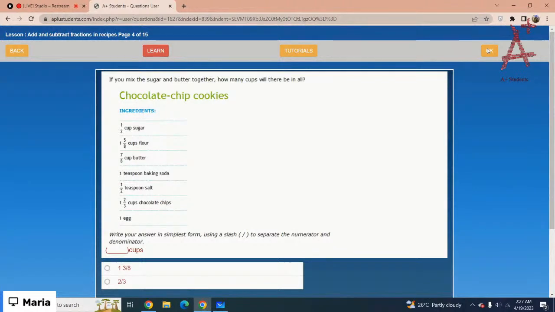Okay, the next one is, if you mix the sugar and butter together, how many cups will there be in all? So that means you have to add sugar and butter. Got it?